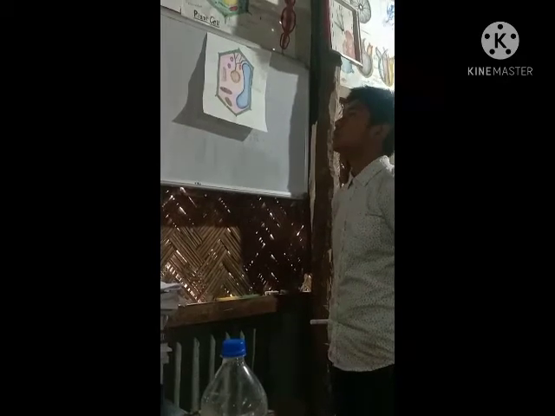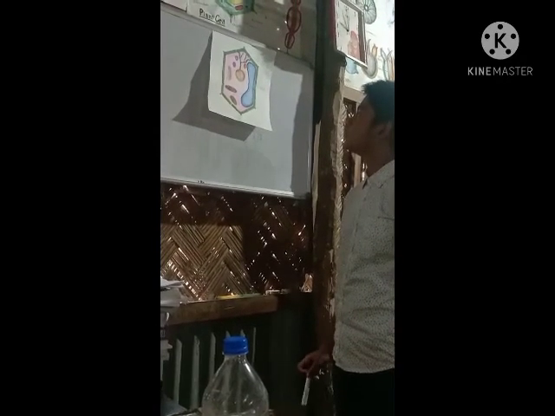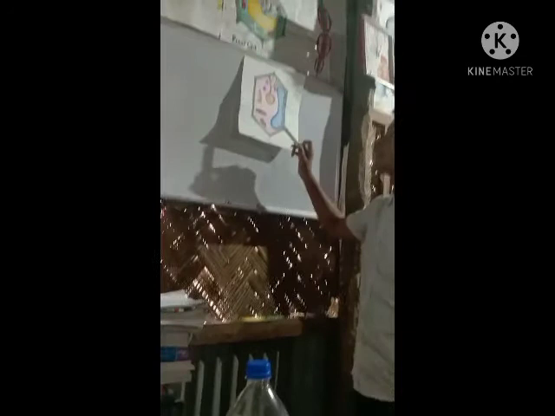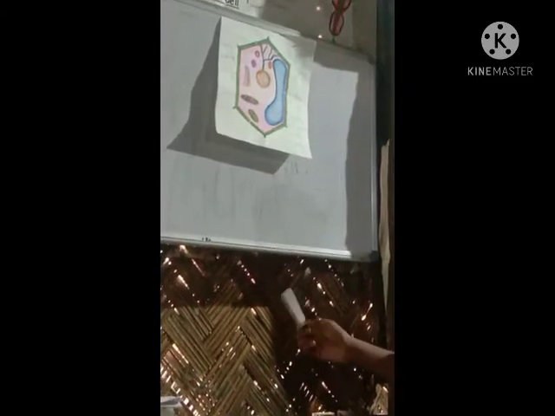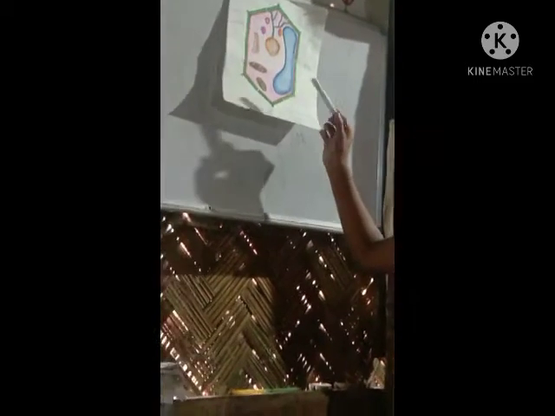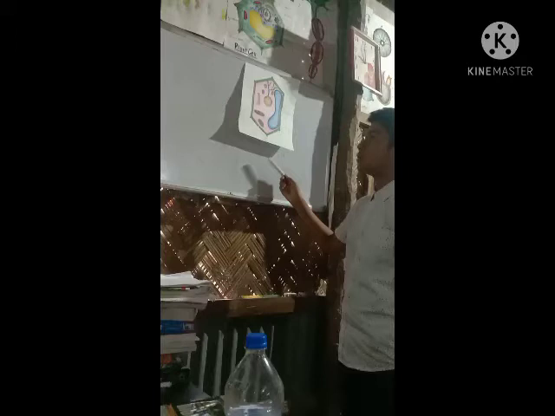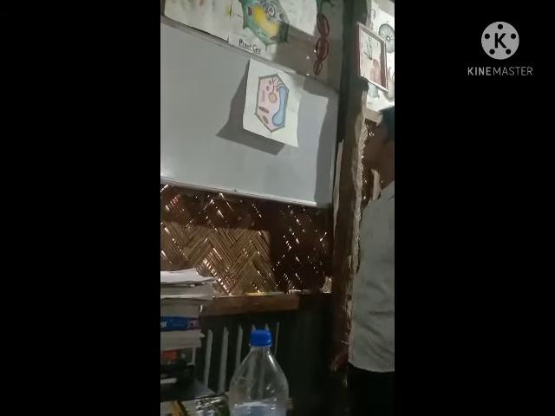Now the single membrane covered organelles. Dictyosome is arranged parallelly and covered by a single membrane. It acts as a traffic police, packaging center, and secretory organ.